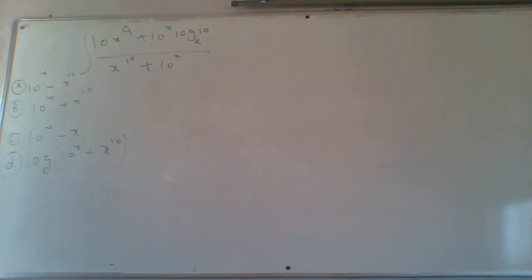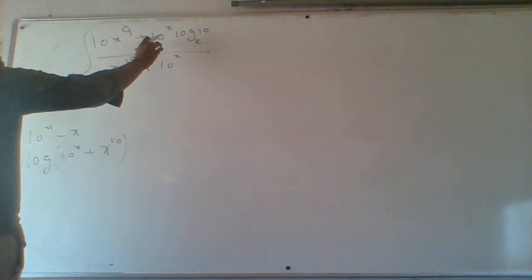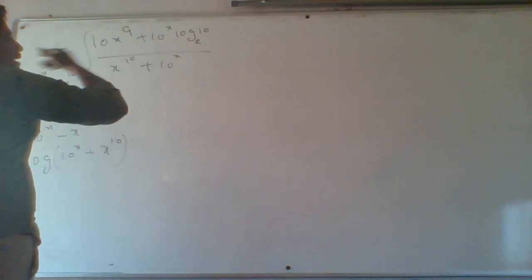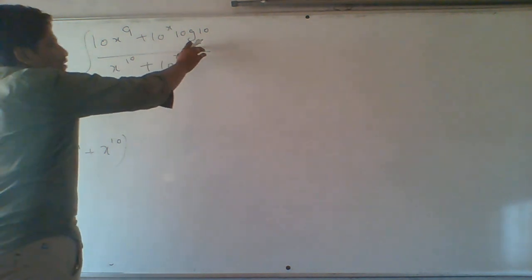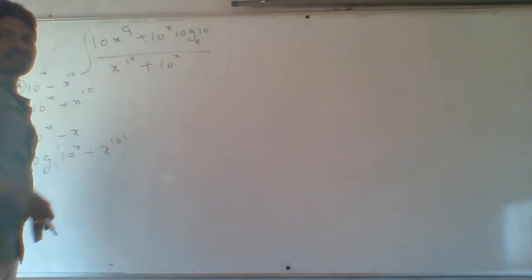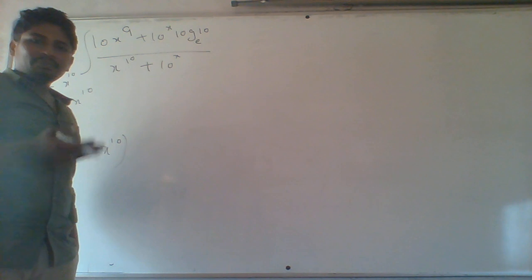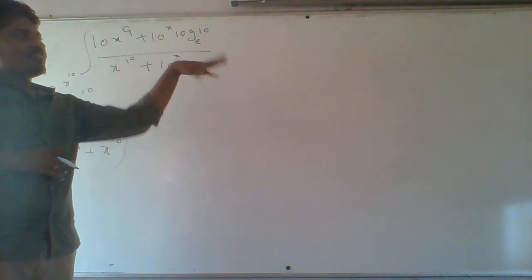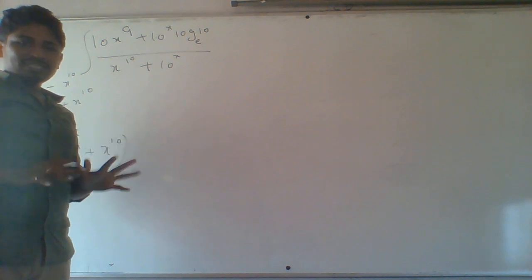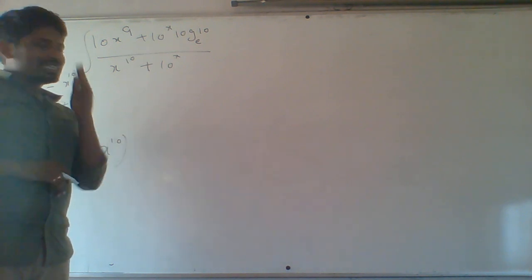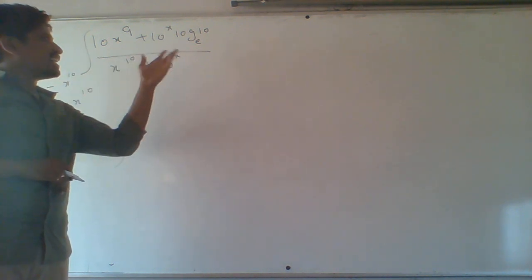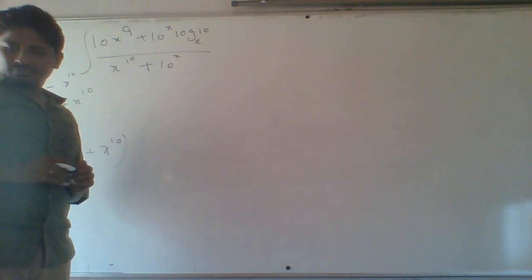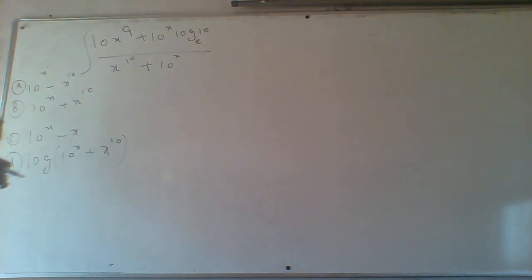It is of the form a power x, so it will be 10 power x into log a. Don't bother about e. In the formulas we have, for logs the base is e, and generally it is not mentioned. Don't get confused with the e base.